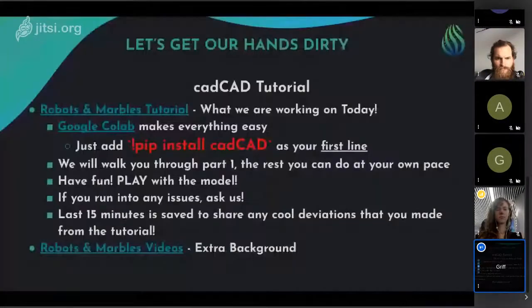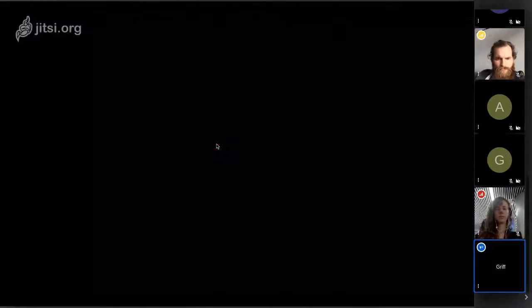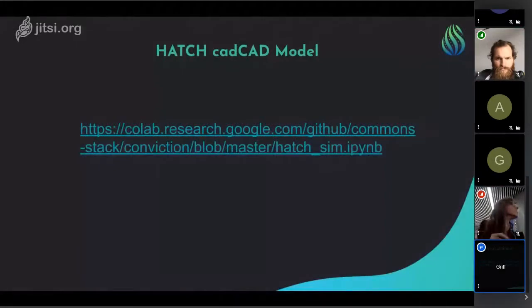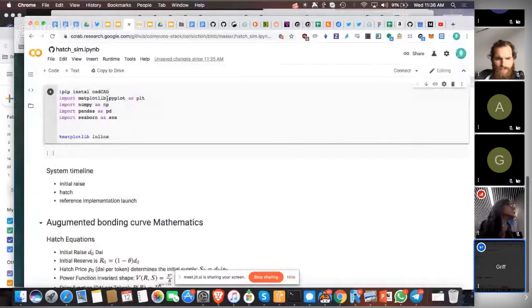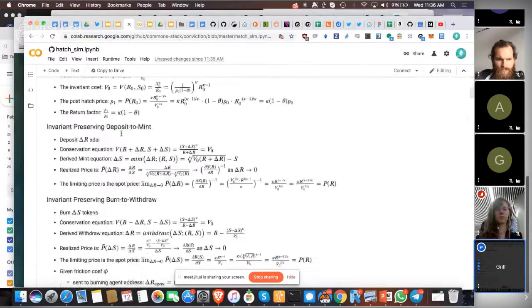Okay, pip install cadCAD. So now that we have this, we can go here and just, well, I'm not going to run all because it's already here and it takes time.